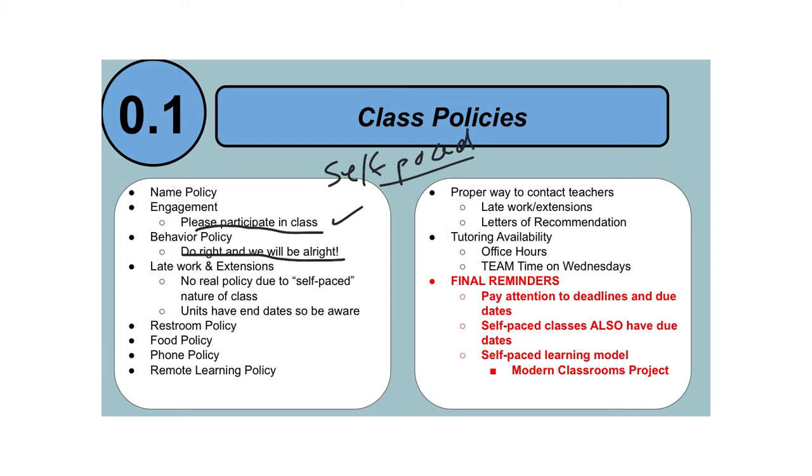In terms of late work and extensions, honestly, there really is no real policy for late work, because my class is self-paced. And since my class is self-paced, I will tell you every single week, at the beginning of each week, back at the command center, if you'll remember on the previous slide, there will be a list up there by the command center where the Hansards are.